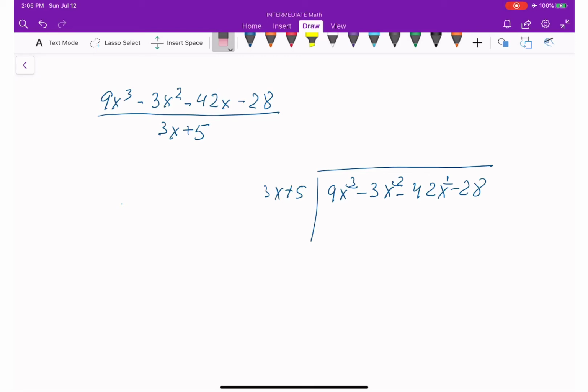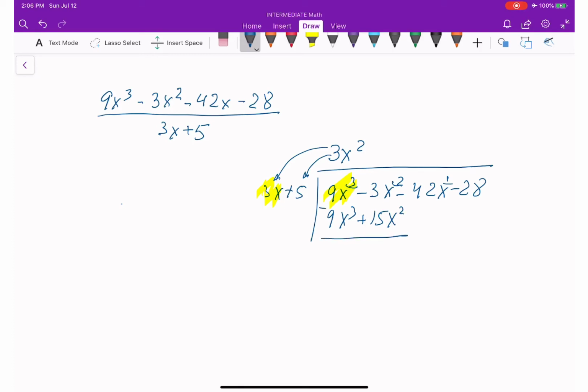Okay, let's take it. 9x cubed, we divide by 3x. And it's going to be 3x squared. 3x squared times 3x, it's going to be 9x cubed. So we multiply. And 3x squared times 5, it's going to be plus 15x squared.